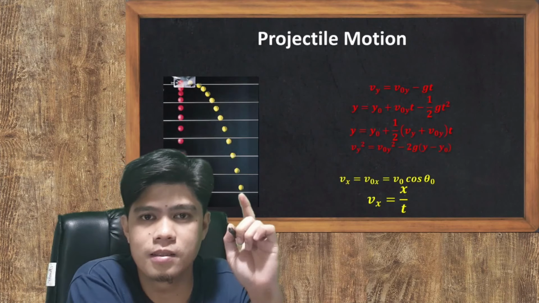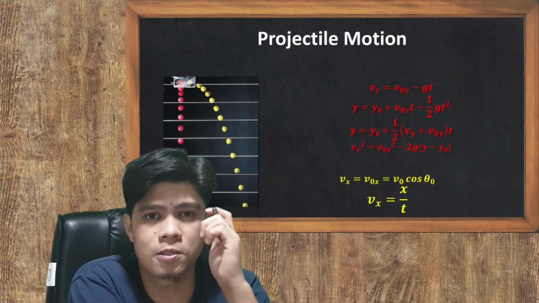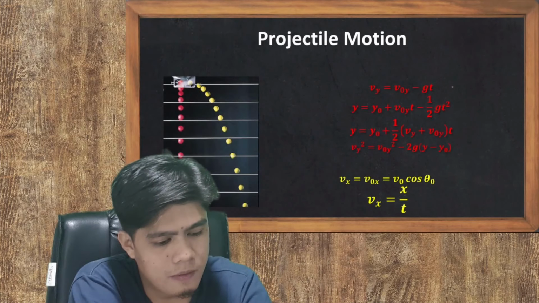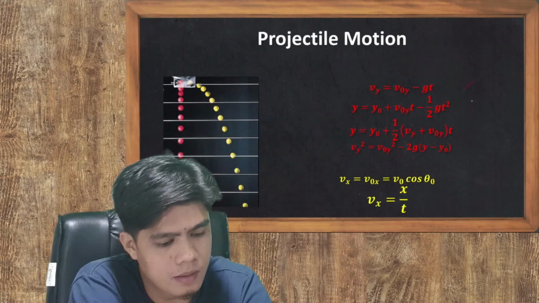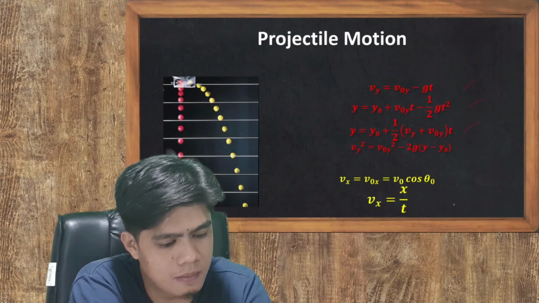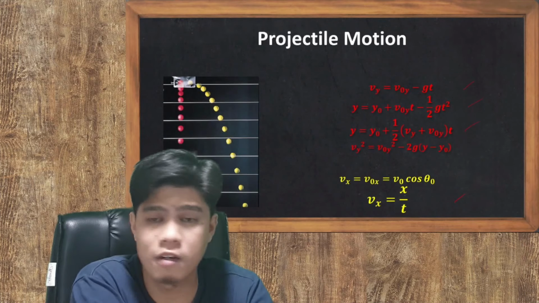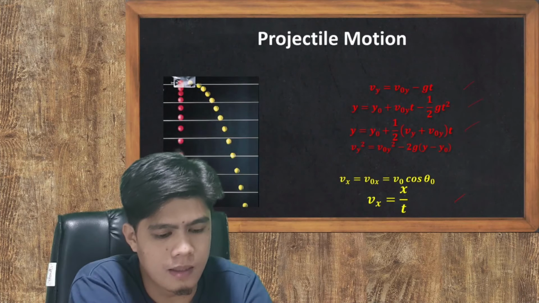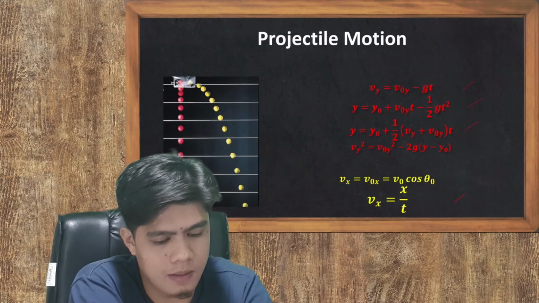Okay, I will check all the equations that involve time. So we have time here, and here. So we have 4 choices. Now let's go back to our given.